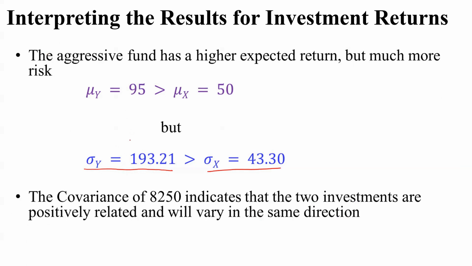Even though the aggressive fund gives you a higher return, the risk is high as well, compared to the passive. So now we can conclude that the covariance of 8250 indicates that the two investments are positively related and will vary in the same direction.